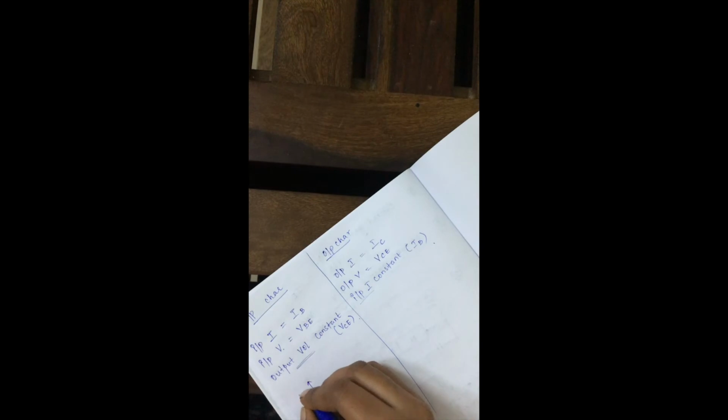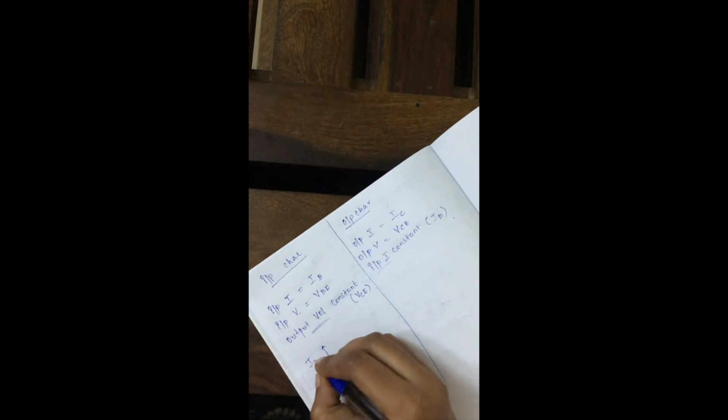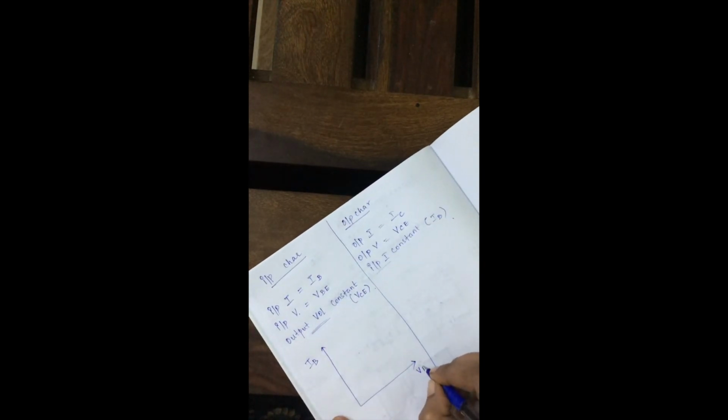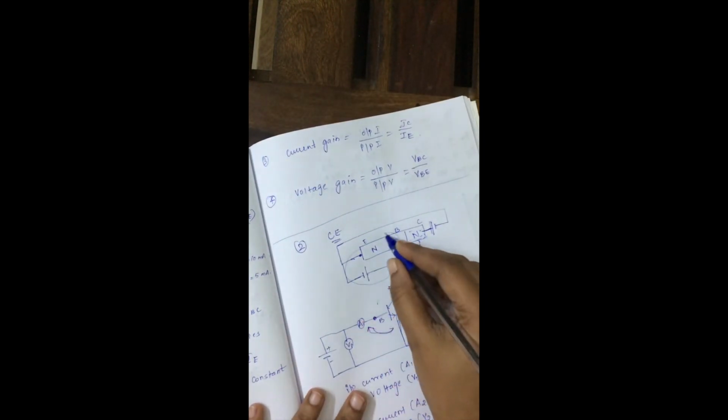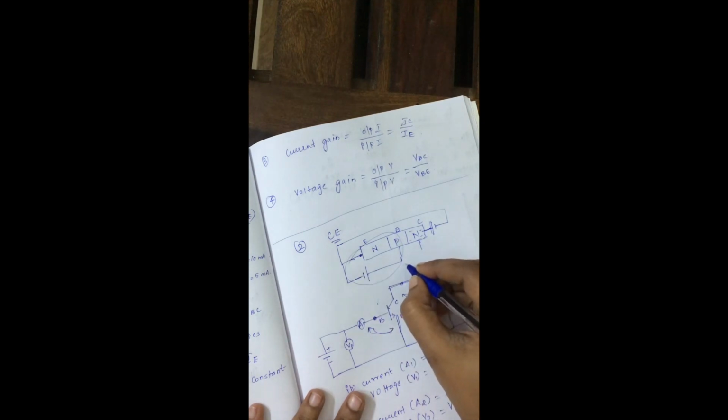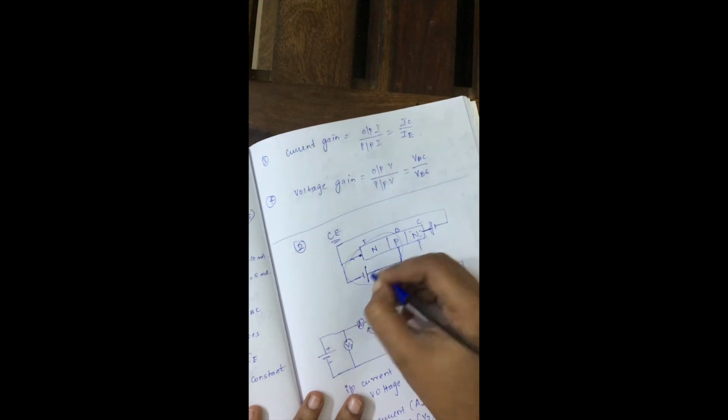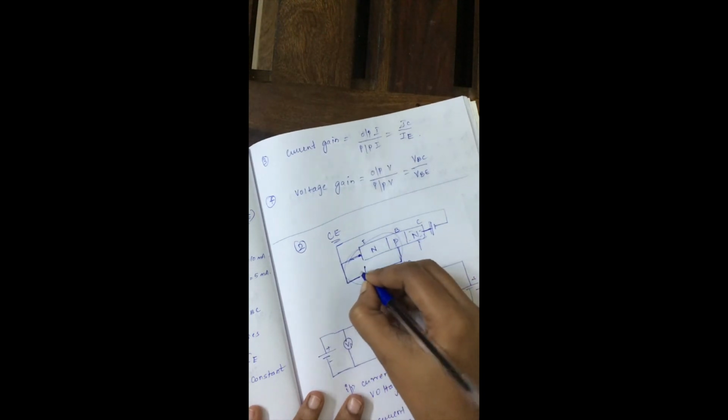Plotting a graph of IB against VBE. Here also, if you see, this input circuit is acting as a transistor or a PN diode in forward bias condition, because P is positive and N is negative.